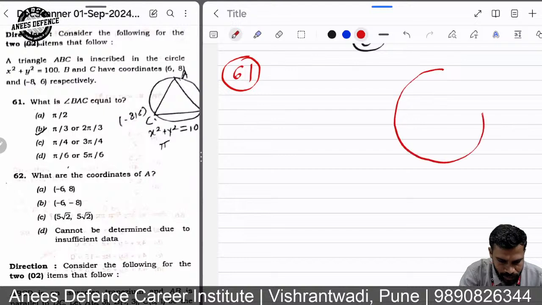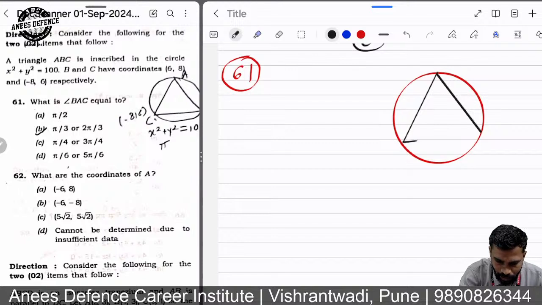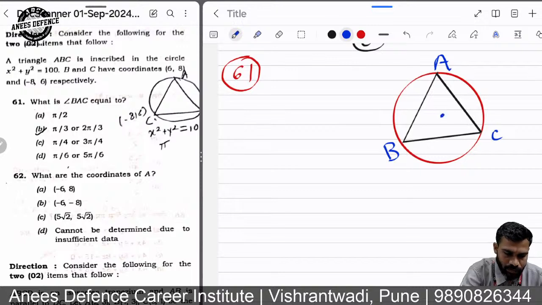Let me draw a circle first. So this is triangle ABC. This is A, this is B, this is C. Center will be at origin.